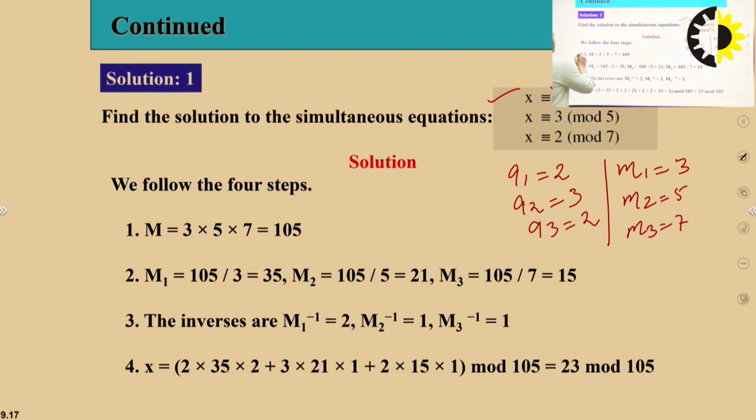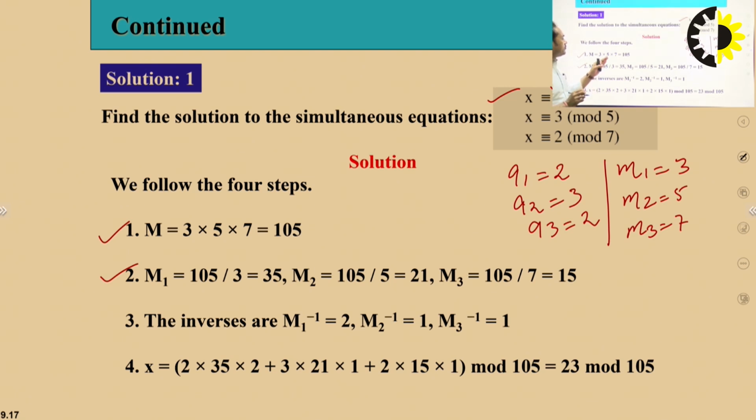So the first answer is, what is M? M equals m1 into m2 into m3. Since m1, m2 and m3 are given, you can simply multiply and solve for M. In the second part, if you are going to calculate the value of M1, M1 equals M divided by m1.